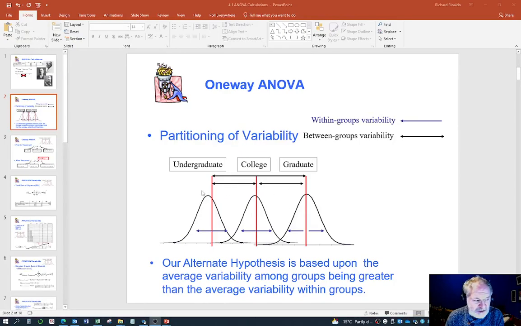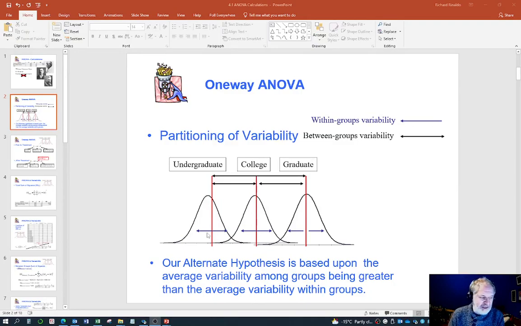The three groups differ from each other. The mean for the undergrads was 20, the mean for the college was 25, and then the mean for the graduates was 30. So we're going to see, are the groups fairly spread apart, and is the variability due to how far apart the groups are greater than the variability that is within each of the groups?